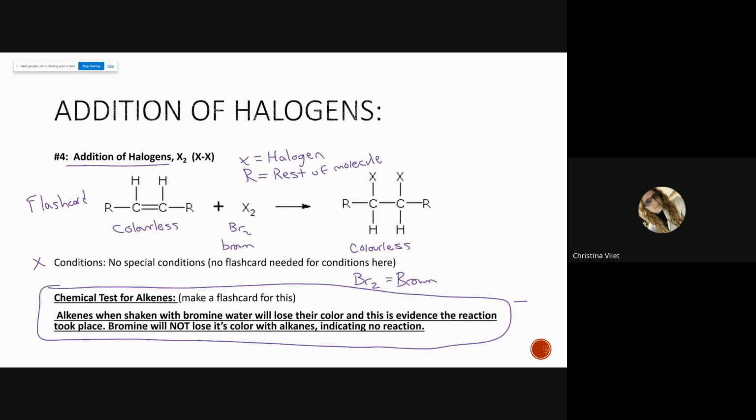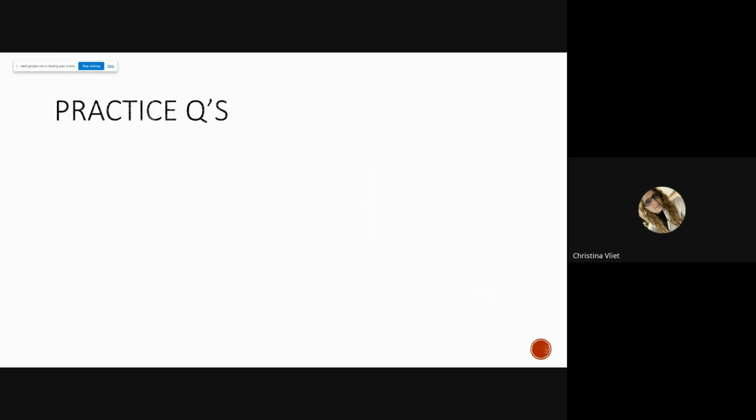All right, are we ready to look at practice questions? I left this intentionally blank because I'm adding the practice questions now. So, first one. What's the product here? You complete it and see if you get the product.